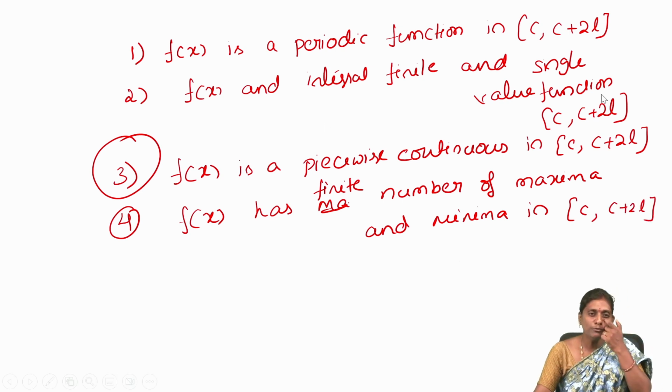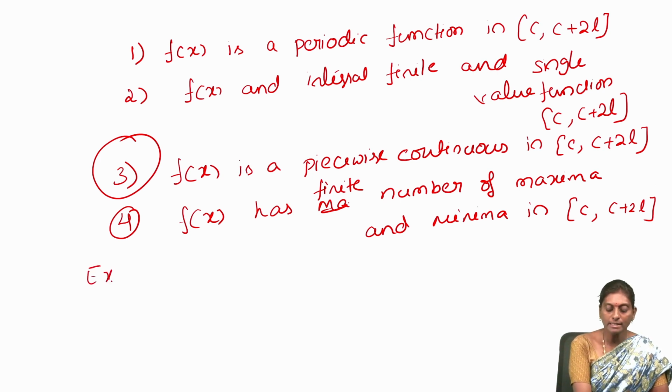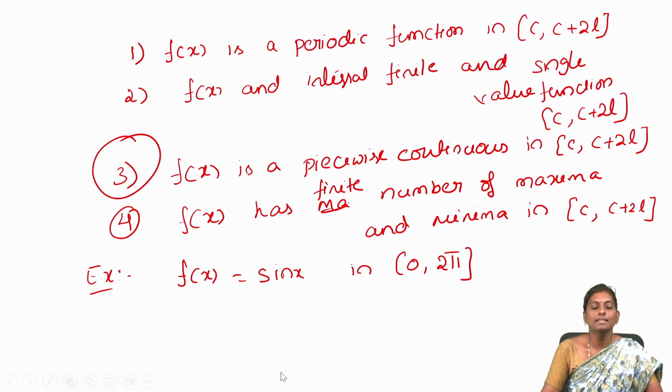So if these four conditions are satisfied, then the given function f of x can be expressed as a sum of sine and cosine waves. For example, I consider f of x equal to sine x in the interval 0 comma 2 pi. So the first condition, you know that sin x is a periodic function.